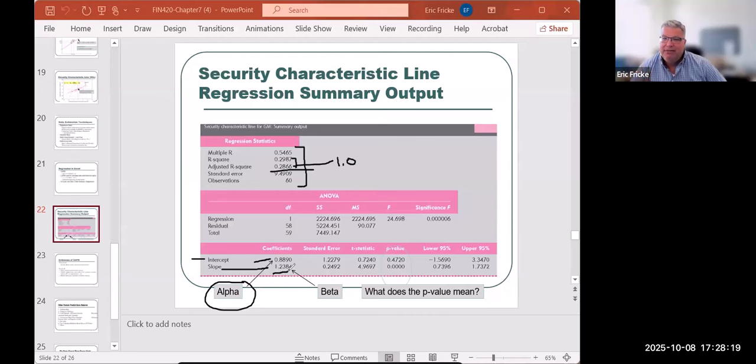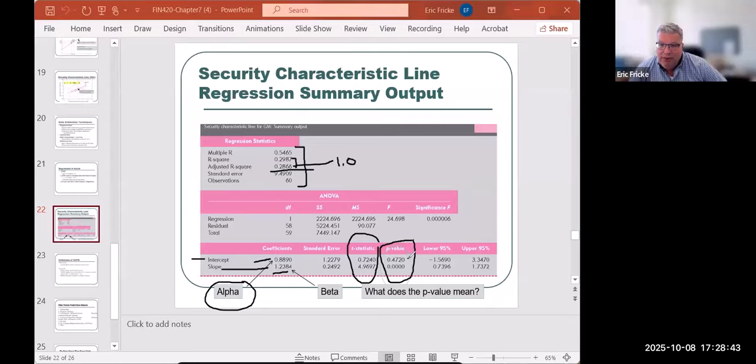But that's not enough, right? Because if you remember, you have to look at the t-stat, or in finance, we like to use the p-value. That tells you whether or not the estimated intercept or slope term are statistically significant. For us, using p-value, anything below 0.1 is significant.